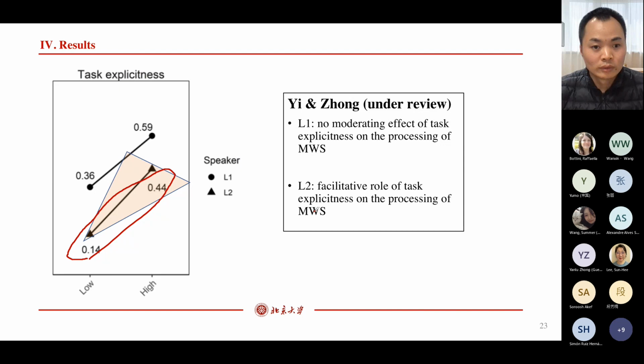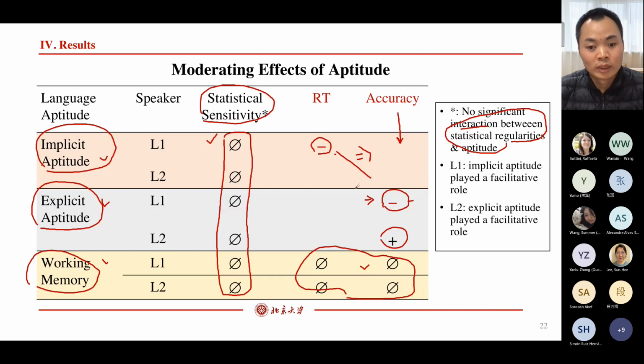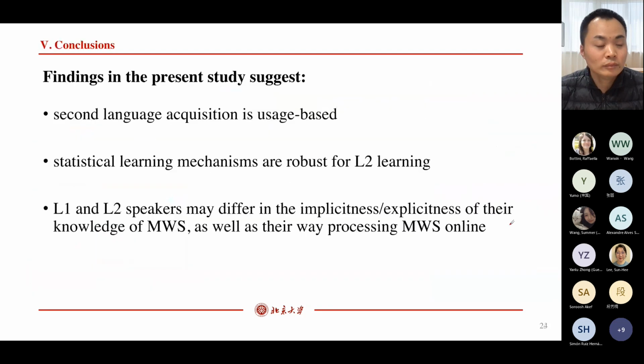So this meta-analysis finding is also consistent with what we just covered about the facilitative role of explicit aptitude for L2 speakers, but not for L1 speakers.